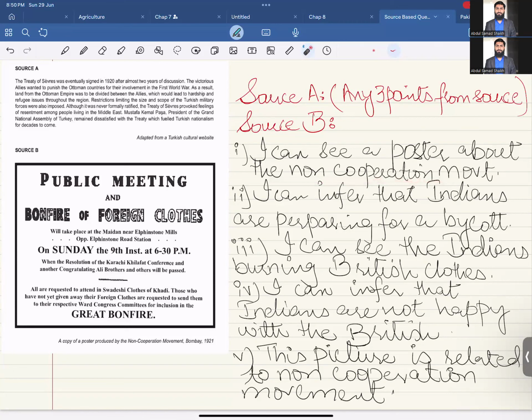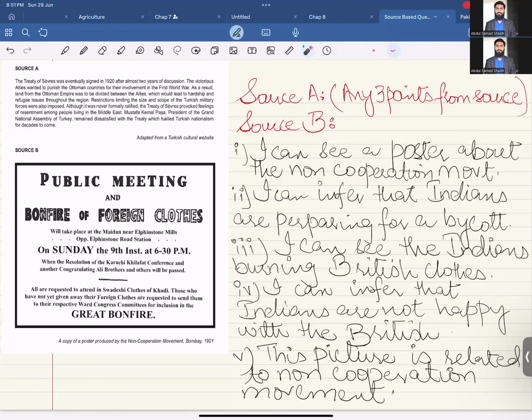Non-cooperation was basically the joint protest of the Indians, which means the Hindus, Muslims, everyone protesting under the banner of non-cooperation. We can write it like this as well, because below the picture there is a line given: a copy of a poster produced by the non-cooperation movement. Even in the source the word non-cooperation is written, so we can write it down.